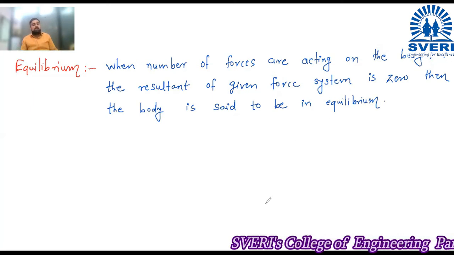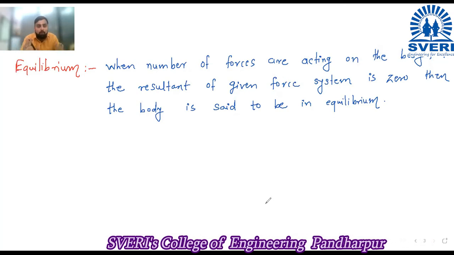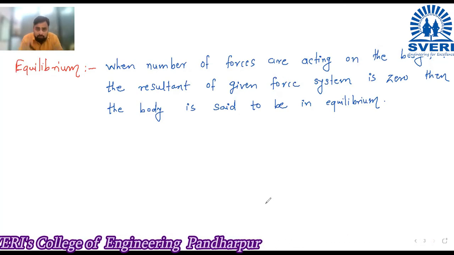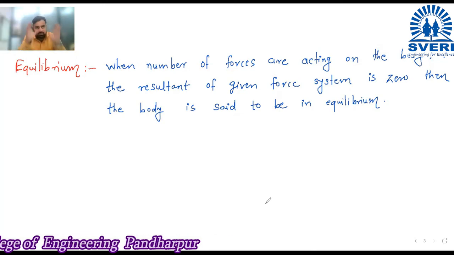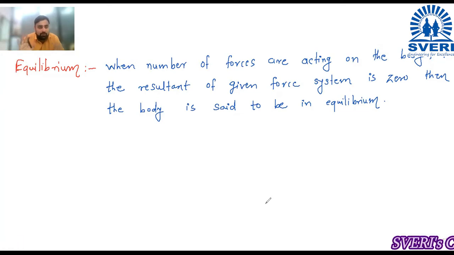I hope now it is clear with you. Okay, so when the number of forces are acting on the body, if the resultant of the given force system, that is whatever the number of forces are acting, their resultant is zero, then the body is said to be in equilibrium. So this is the meaning of equilibrium.